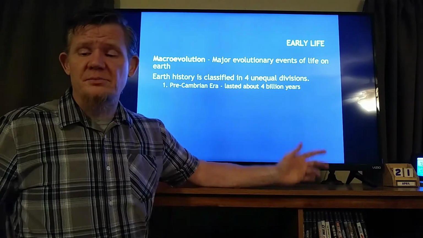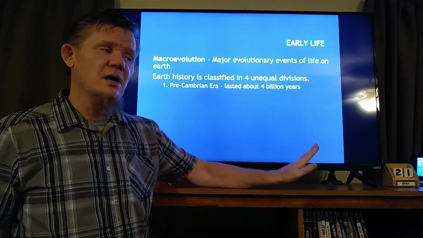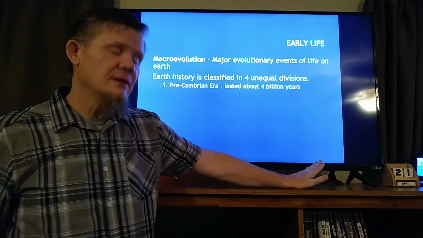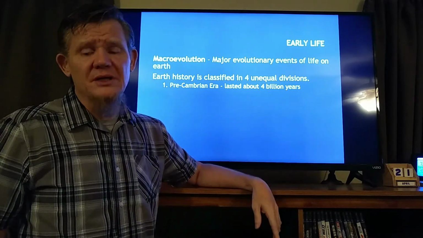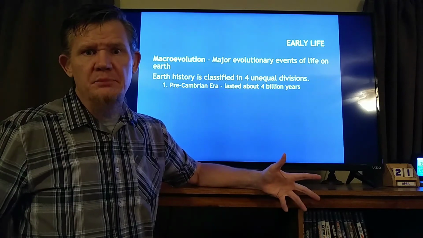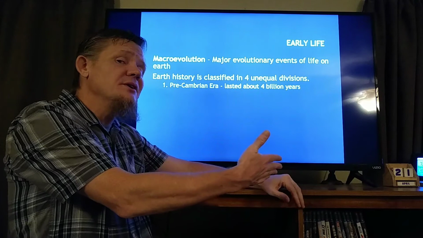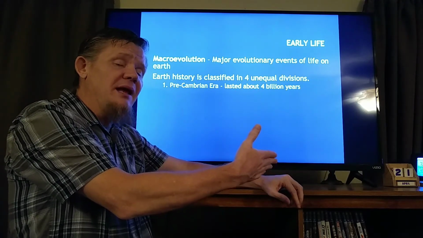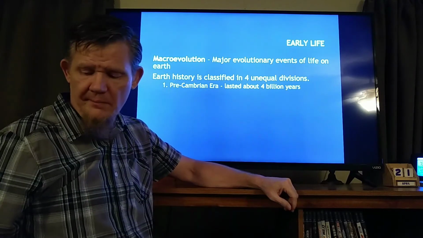This is referred to as the Precambrian. It's called the Precambrian Era because we'll talk about what the Cambrian is and why this is the era that started before it. The Precambrian lasted for about 4 billion years. So, of the 4.6 billion years of the planet, the first part of it is the first 4 billion.